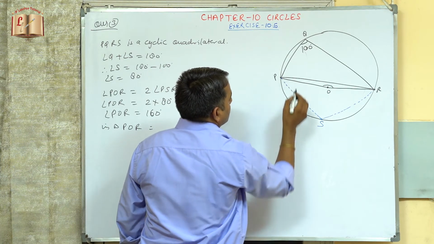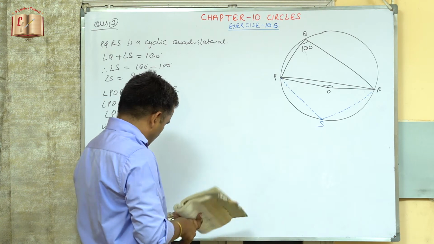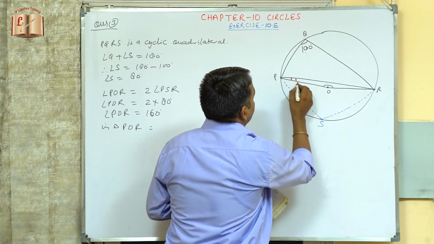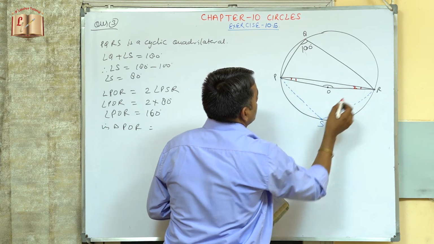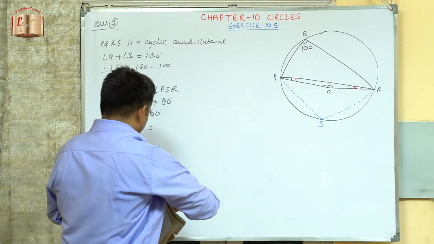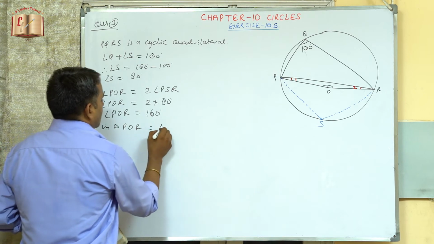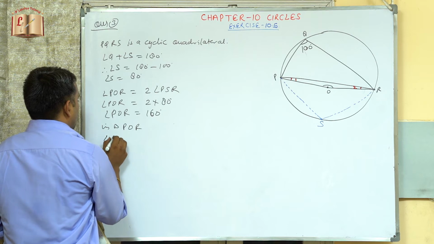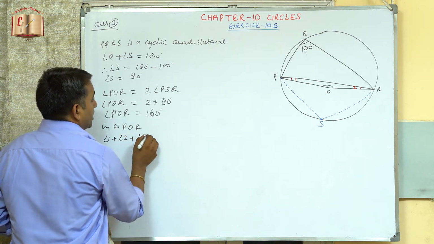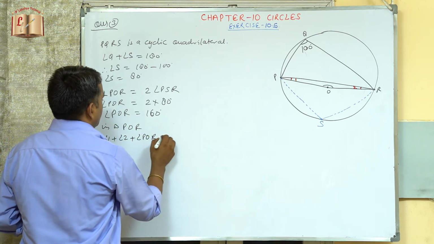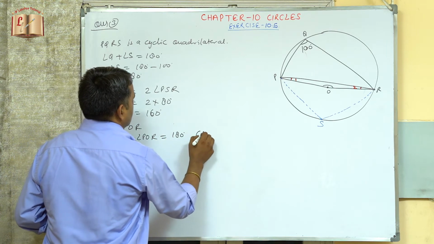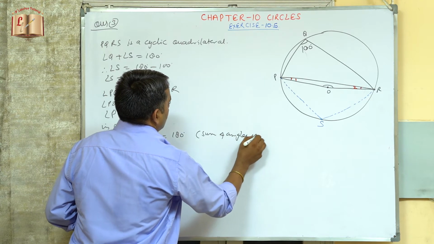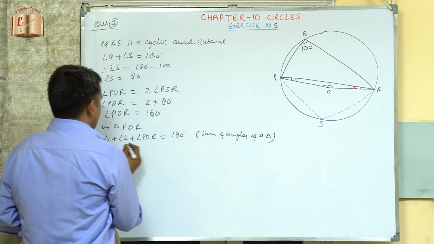Now in triangle POR, this is angle 1 and this is angle 2. So in POR, angle 1 plus angle 2 plus angle POR will be equal to 180 degrees, the sum of angles of a triangle.